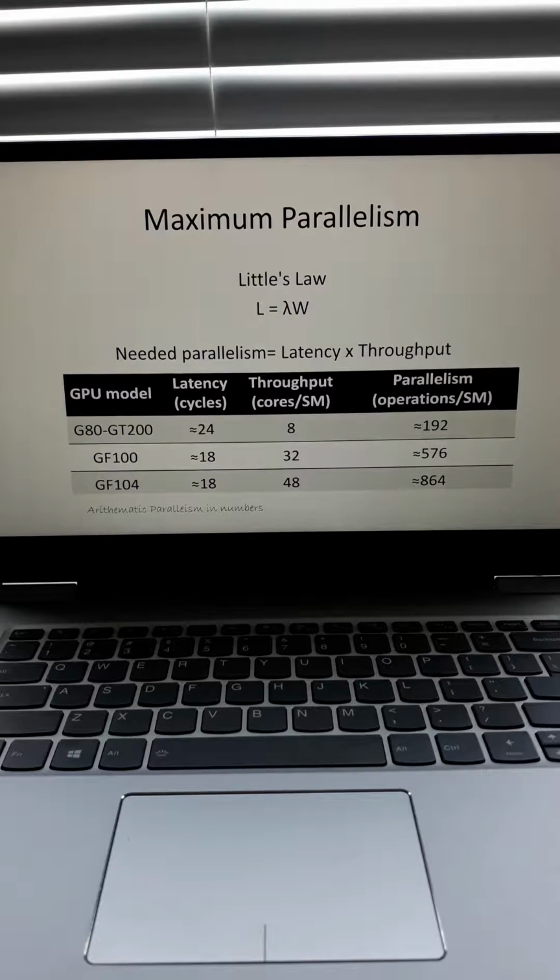When we use the same law to get the needed parallelism in a GPU, it is latency times throughput. For example, on a GPU model G80 or G200, where the latency is around 24 cycles and the throughput is around 8 cores per streaming multiprocessor, the needed parallelism is around 192 operations per SM.